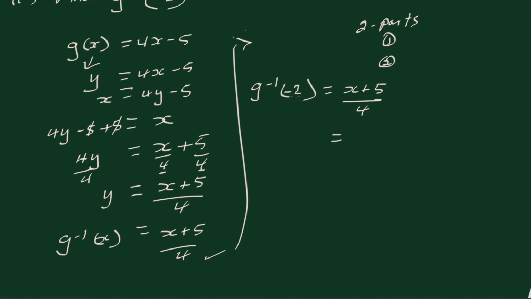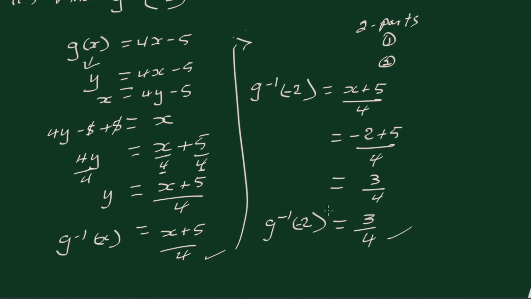Because this is our input value, wherever I see x in the inverse function, I'm going to replace it by negative 2. So now after having done that, my answer will be negative 2 plus 5, which gives us 3 over 4. So the answer in this case is 3 over 4. So g inverse of negative 2 equals 3 over 4. And you always indicate what the answer is. What they ask us for is g inverse of negative 2, so you always show that in the last line.